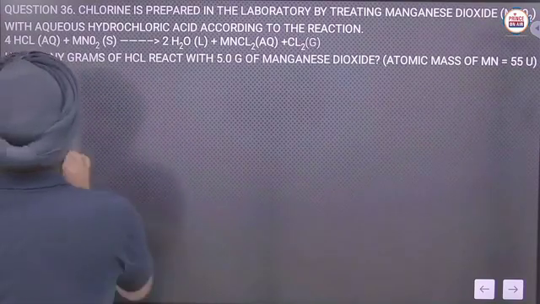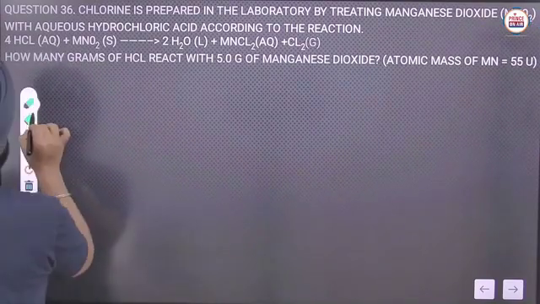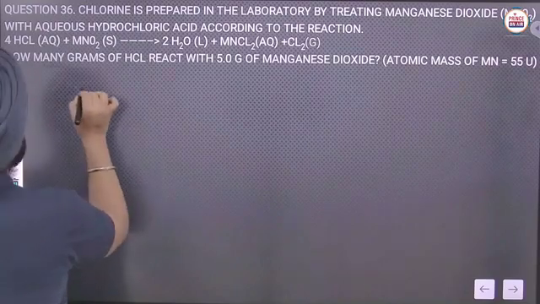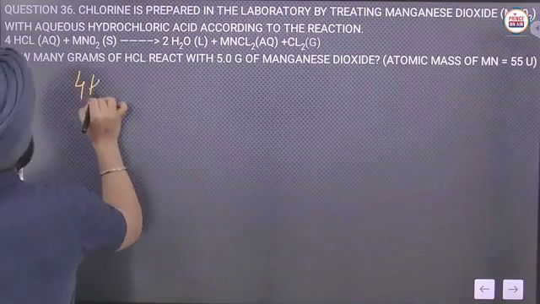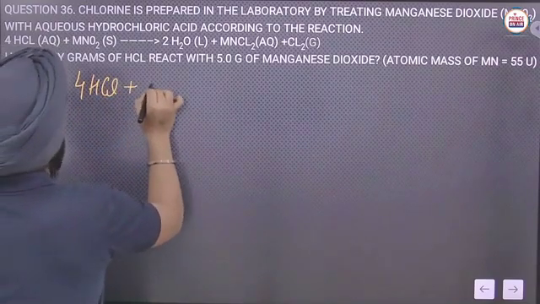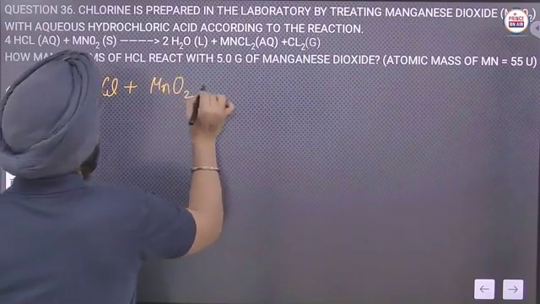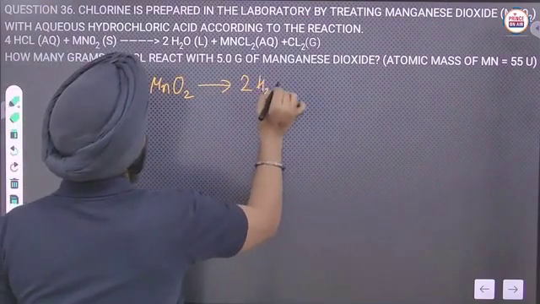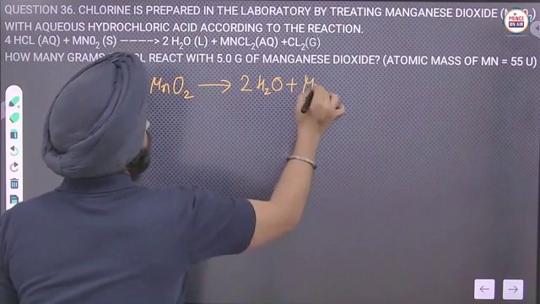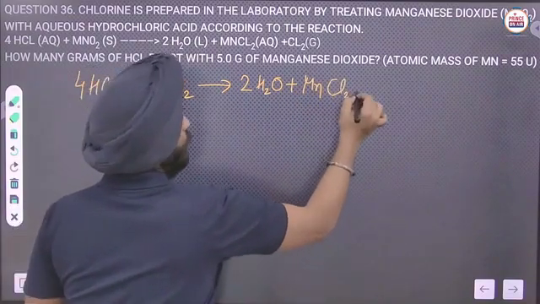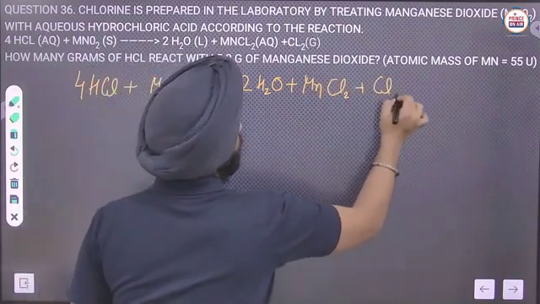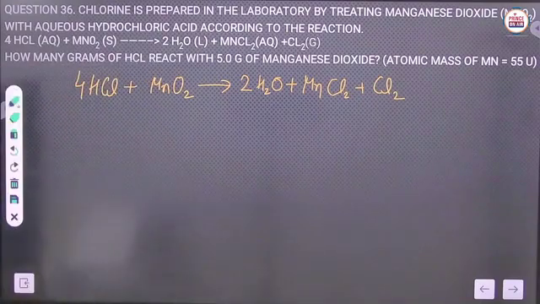Firstly, you should write the equation once again. 4 HCl plus MnO2 will form 2H2O plus MnCl2 plus Cl2. Okay, so that is the equation here.